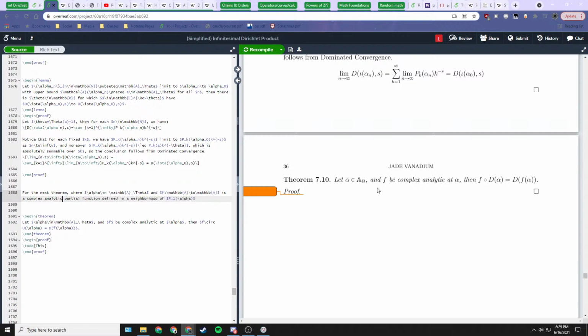Actually, we can just say complex analytic function. Okay, so alpha is in A theta, f is complex analytic.